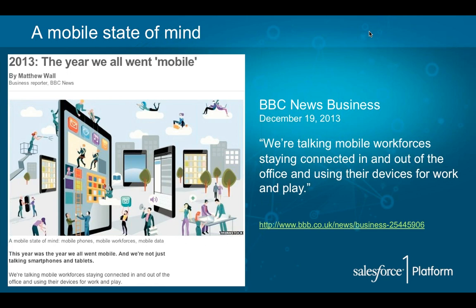We see that people continue to answer emails in the evening, or the other way around, that during the day they still quickly do a check on Facebook or on Twitter, and the line between work and private life has blurred, and you can really have access to all of the information that you need all the time. And an important reason for that is that we all have this window into work and private life, which is our smartphone, which is our tablet.